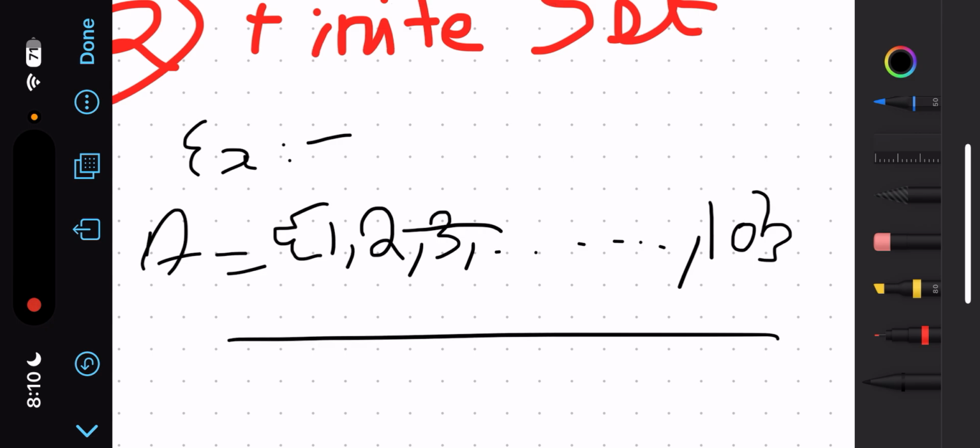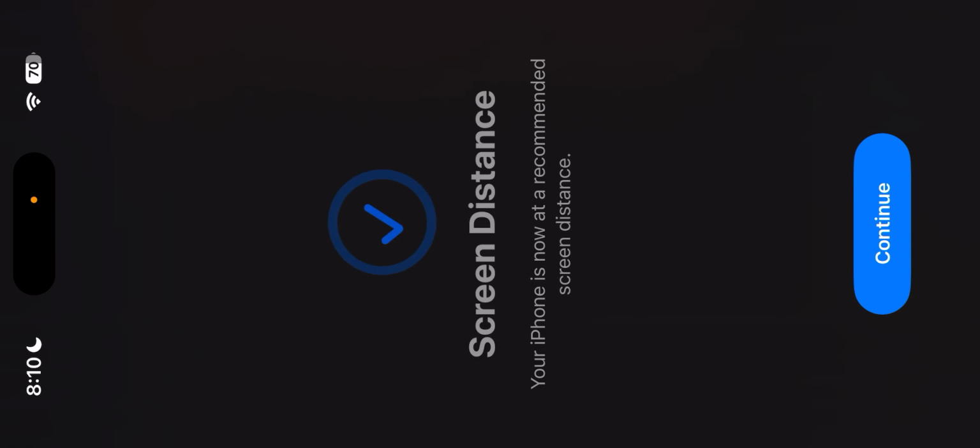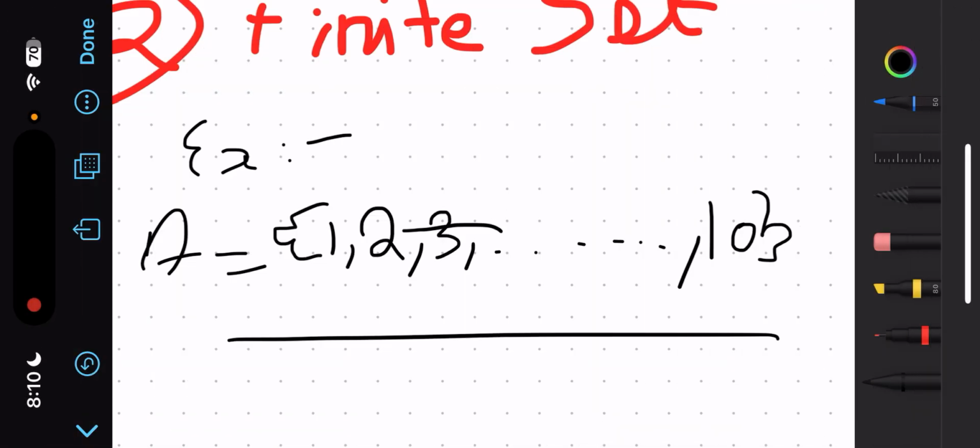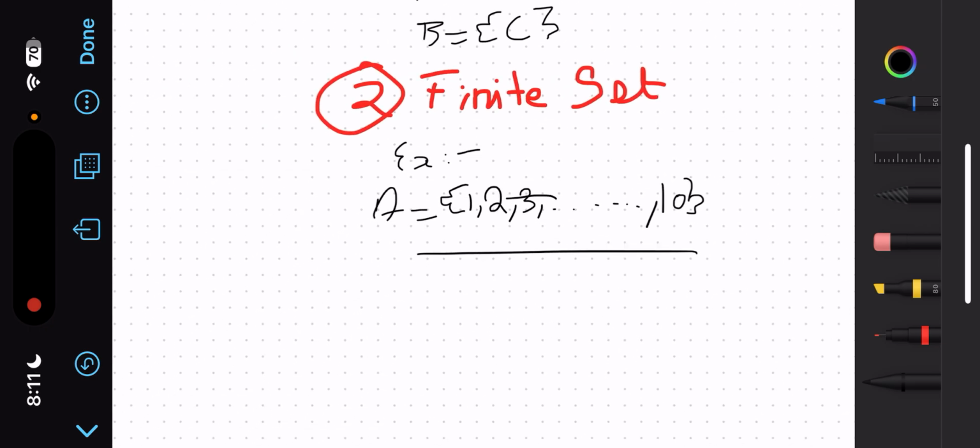If there is a big set, we can use a finite set there. If a question asks you to state the numbers from 1 to 100 and you don't have a lot of time, you will write 1, 2, 3, 4, 5, then dots, then 100. Here the finite set is used.